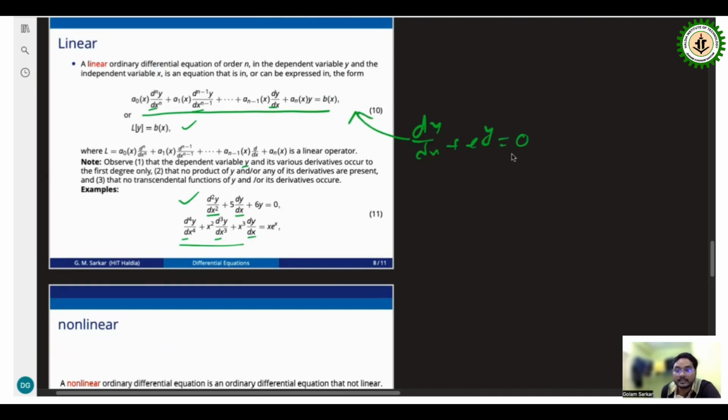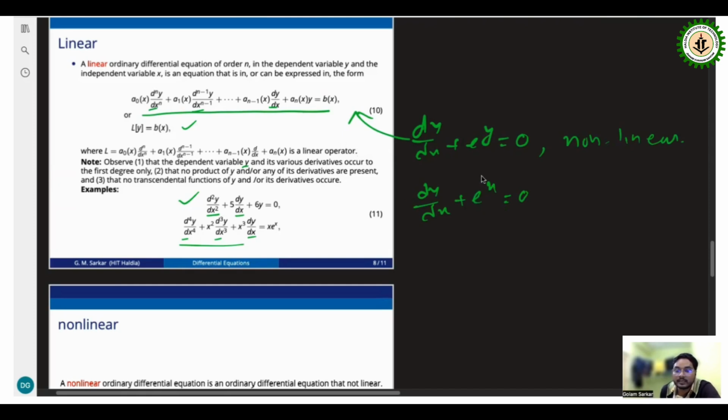If you can express an equation in this form, then we can say that this is a linear differential equation. So clearly we cannot express this equation in this form, so it is a nonlinear differential equation. But if I take this example dy/dx plus e to the power x equals 0, you see I can express this equation in this form, right?